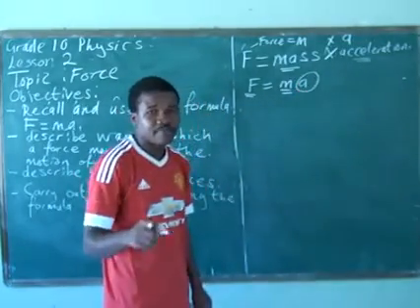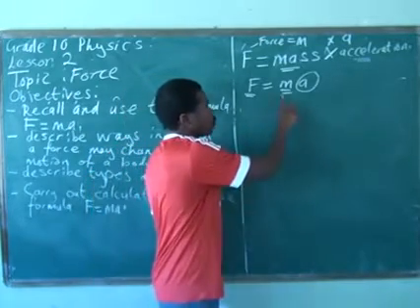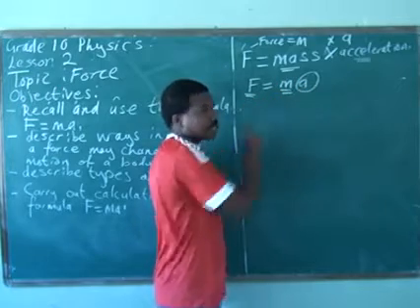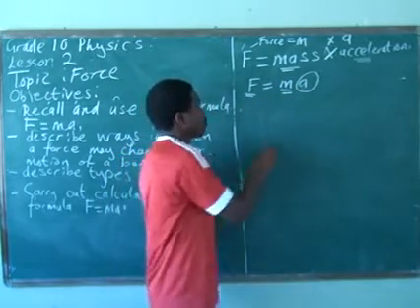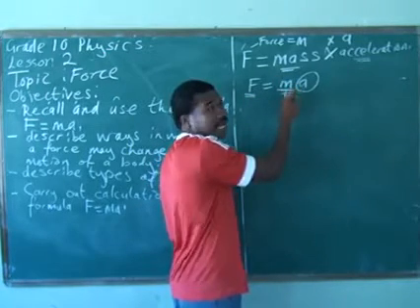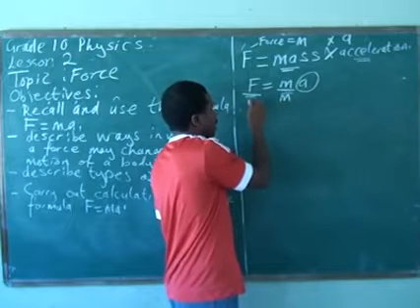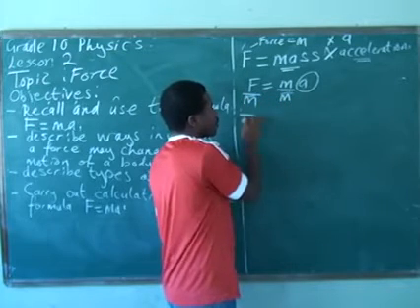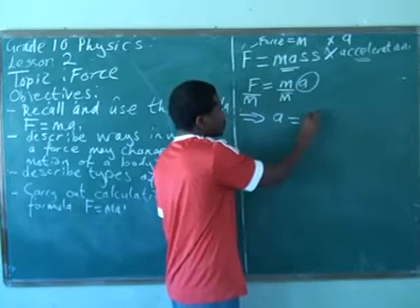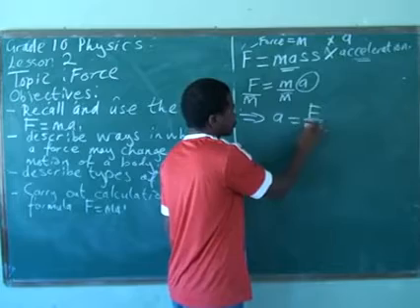So we should be able to make A the subject of the formula, which means that we would want A to remain on this side alone whilst M goes this side. So we divide both sides by M, because we want to eliminate M from this side. This would then imply that acceleration is equal to force over mass.